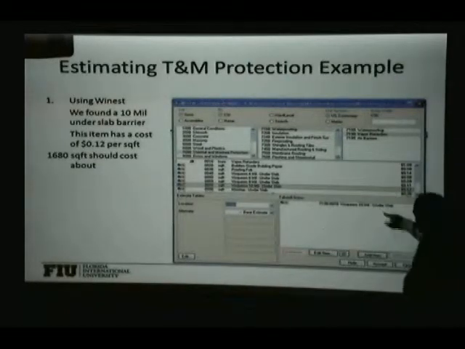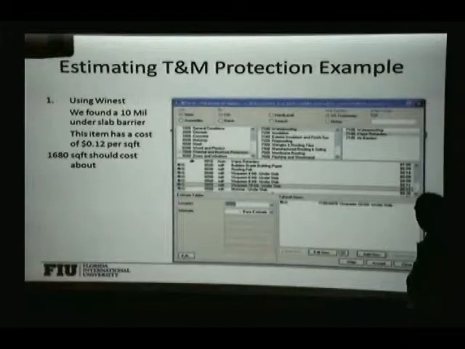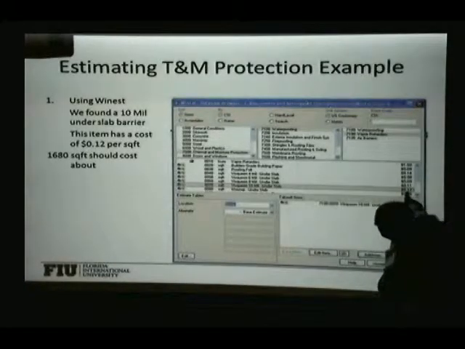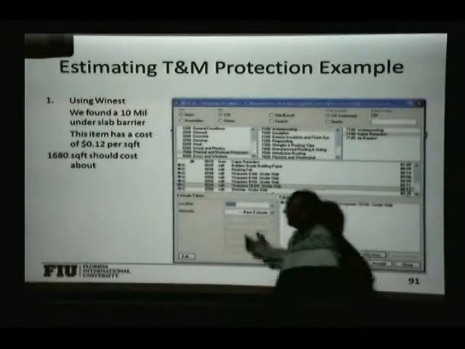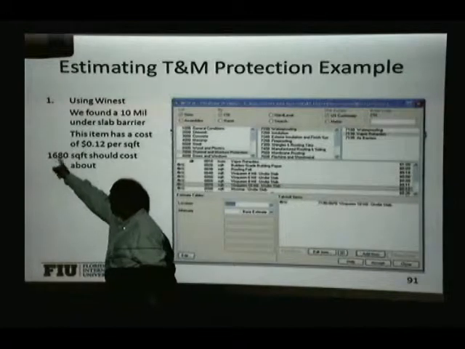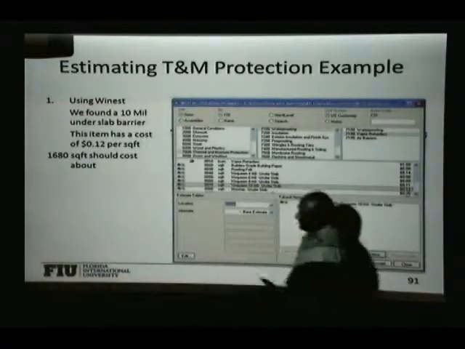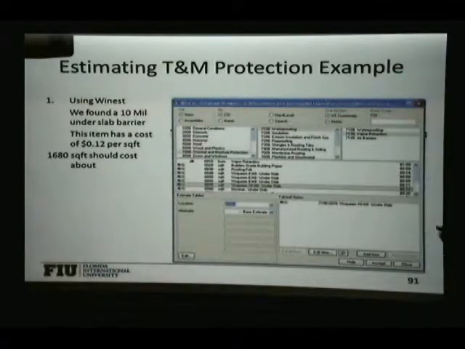We include that over here, and then click Add Item. This one has a cost of $0.12 per square feet. So basically what you will do is multiply the 1,680 square feet that you estimated with WinEst times 0.12, and that gives you your cost for vapor protection.